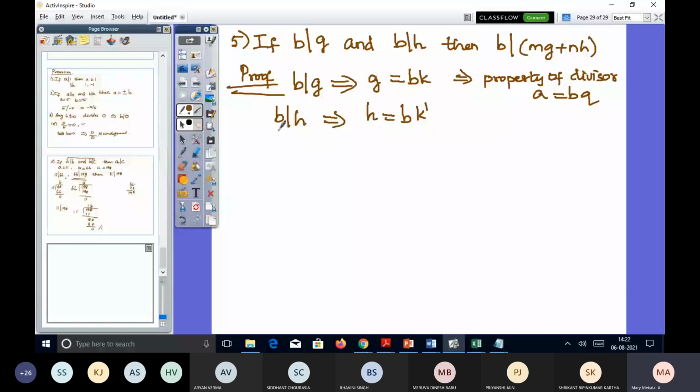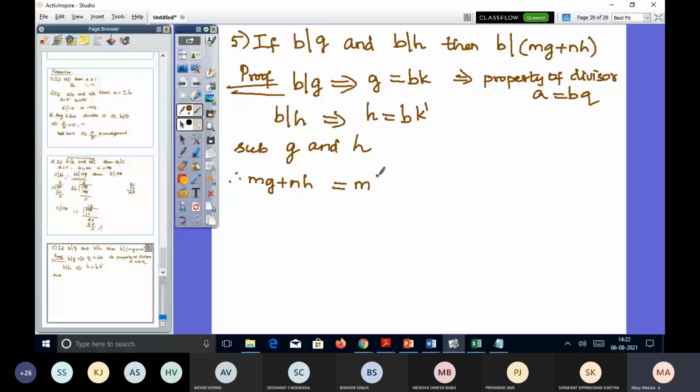So now substituting the values of G and H, for Mg plus Nh we get M for G we got BK. So M into BK plus N into what is H?